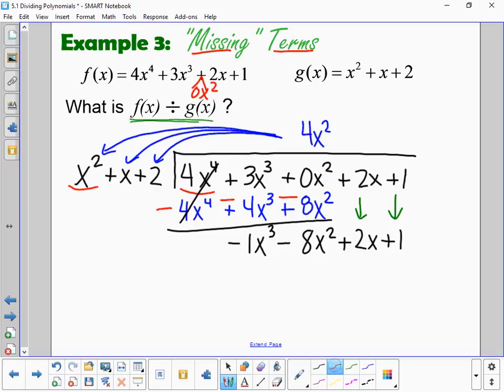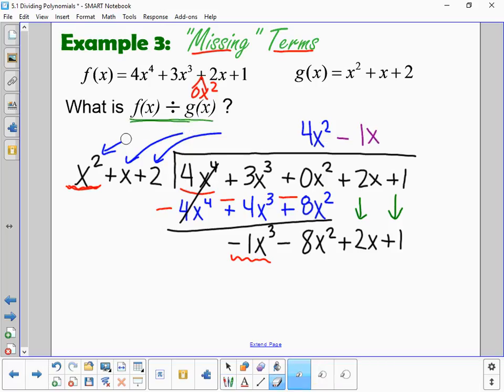Okay, so now we repeat that process, and this time we're thinking about negative 1x to the third, and we're thinking about this x squared, and hopefully you can see that you would want to multiply that by negative 1x. And I'm going to erase my swoopies. I don't typically write those swoopies as I'm doing this process personally.